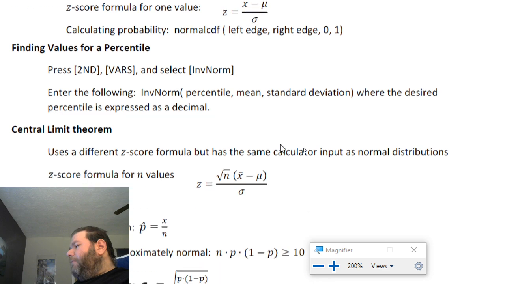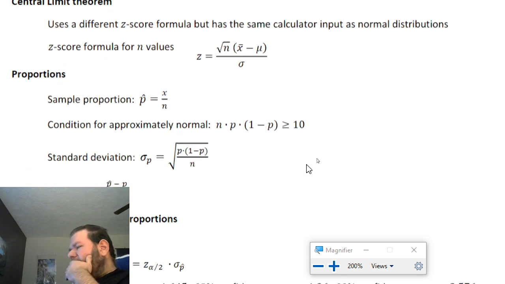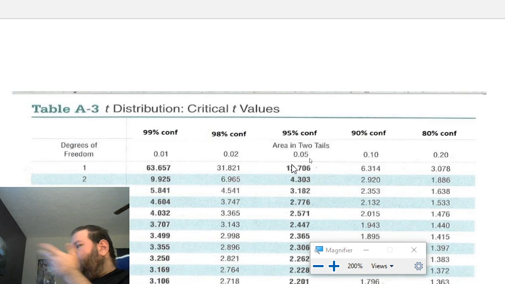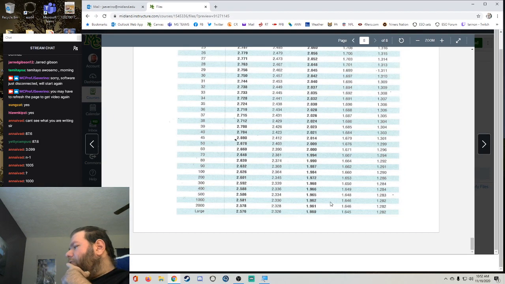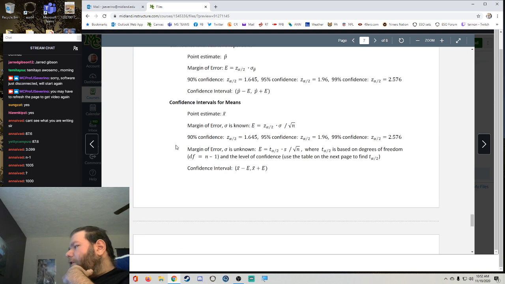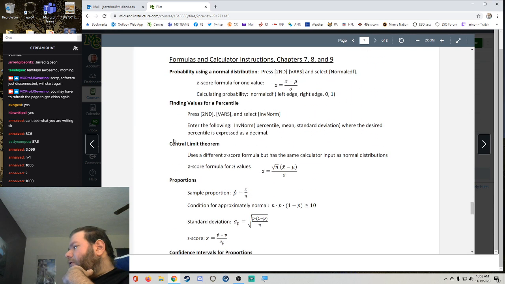And then here's a formula page. And then our t distribution table, like I told you. And that's all we really need there. And now on the formula page, I've also included calculator instructions to an extent.